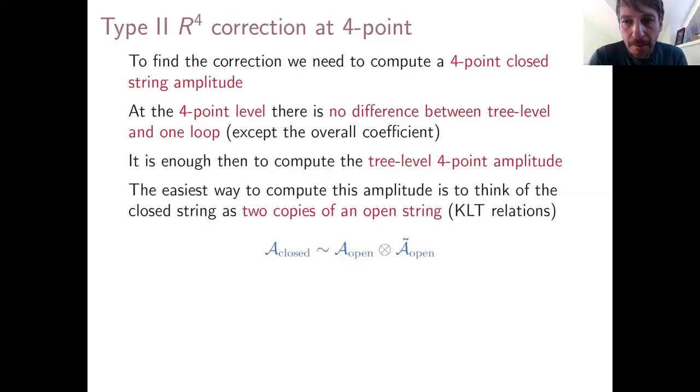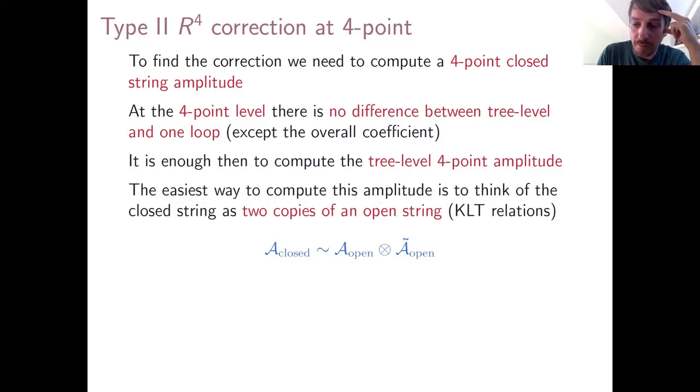The 4-point effective actions are exactly the same. You mean the tree level and one loop are the same? Yes, and beyond 4-point, they will differ. Okay, I see. For this talk, I will confine myself to the 4-point level.